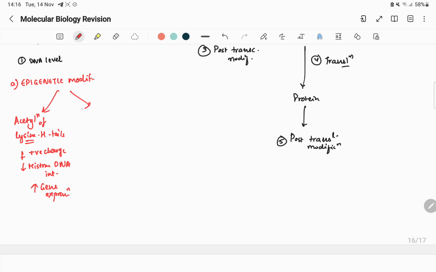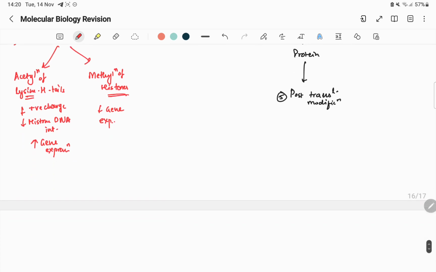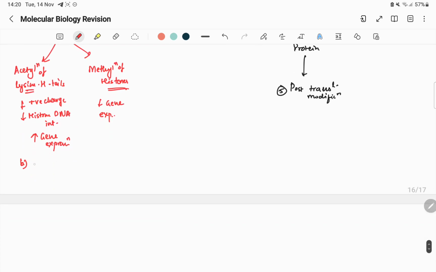And the second one is the methylation of histone proteins, which will decrease your gene expression. These are the epigenetic modifications. Then another thing is called gene amplification. What is gene amplification?